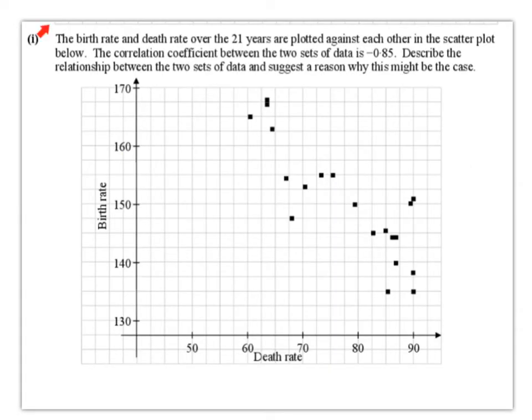I. The birth rate and death rate over the 21 years are plotted against each other in the scatter plot below. The correlation coefficient between the two sets of data is minus 0.85. Now, correlation can only ever be between -1 and 1. Describe the relationship between the two sets of data and suggest a reason why this might be the case.